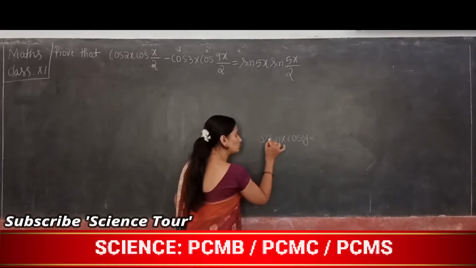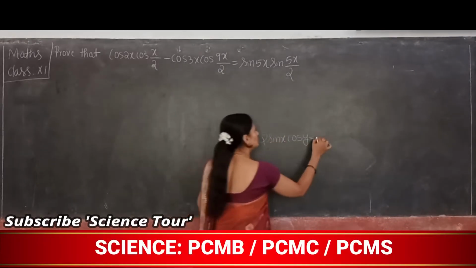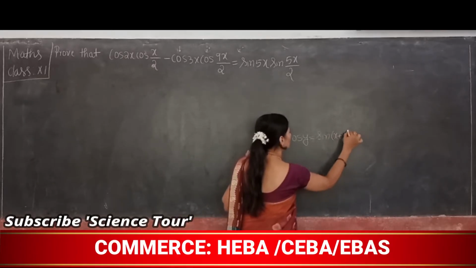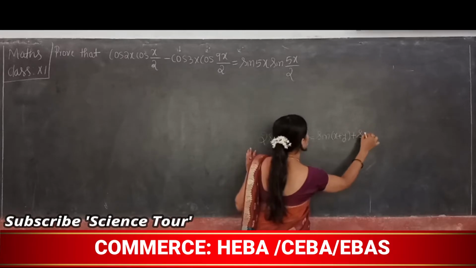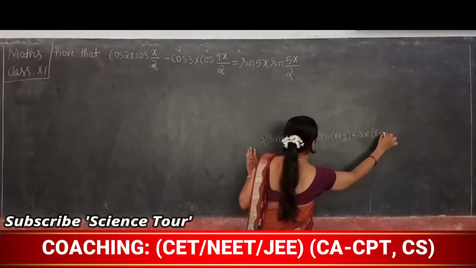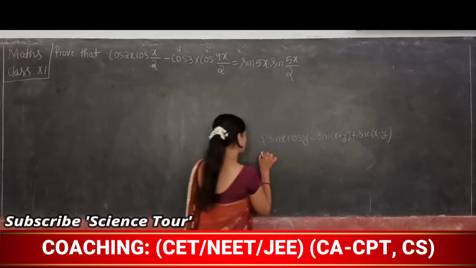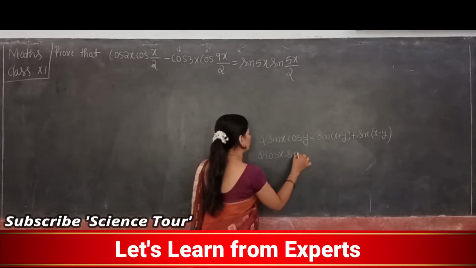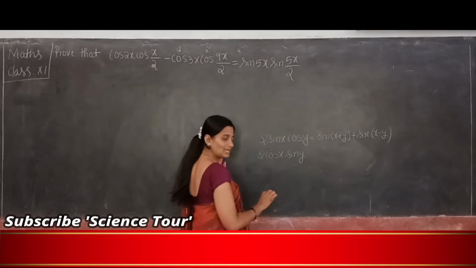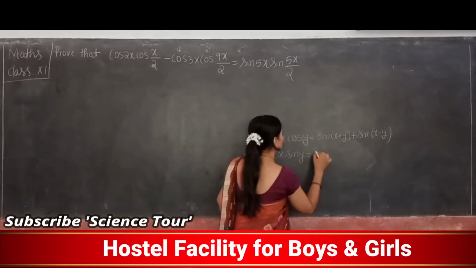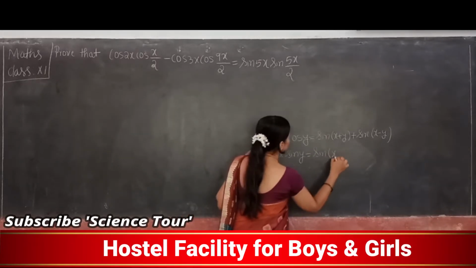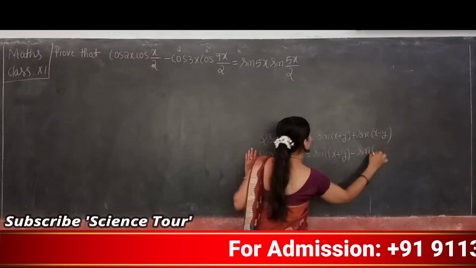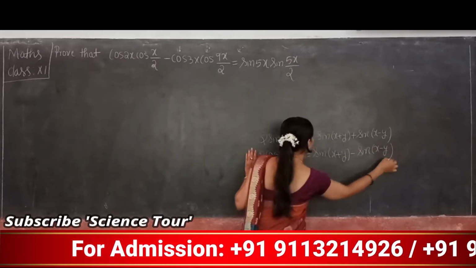If it is 2 sin x cos y, so what is it? Sin(x+y) plus sin(x-y), right? Now next, 2 cos x sin y, it is what? Sin(x+y) minus sin(x-y), right?